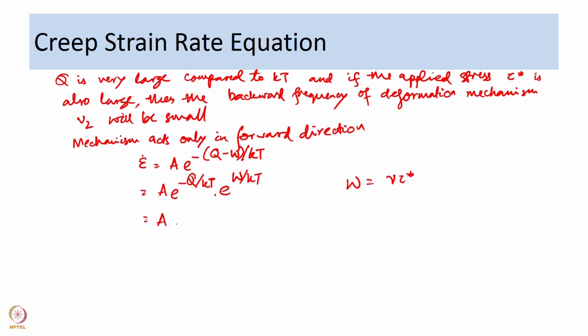So, that makes it A e to the power minus q over kT into e to the power V tau star over kT. This is another form of the equation: strain rate as a function of temperature and tau star. It describes the dependence of strain rate of deformation on temperature and stress.